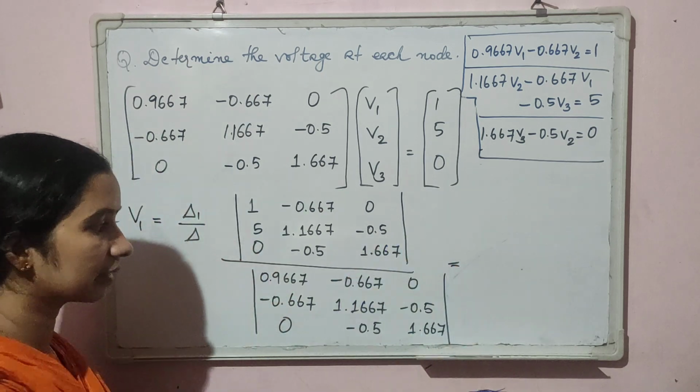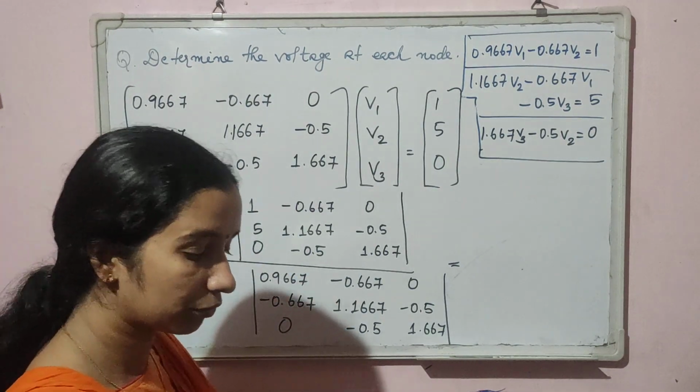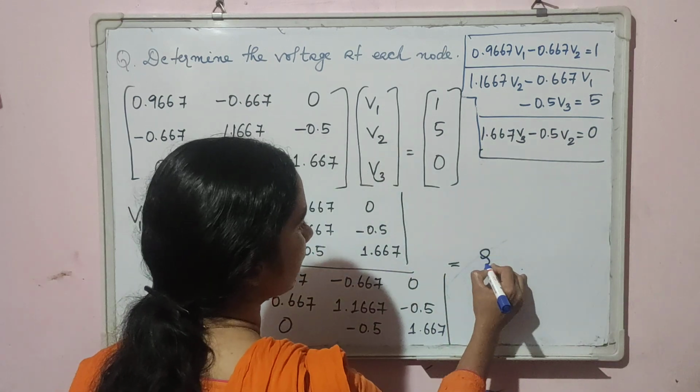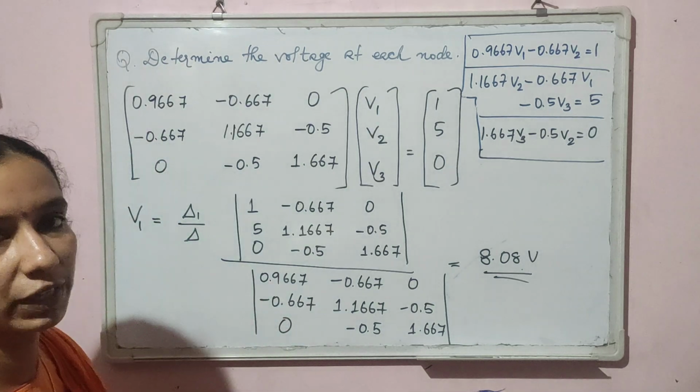So calculate these two determinants and then take the ratio. We'll get the value of V1, and the value of V1 will be 8.08 volt. Okay, so we got V1.